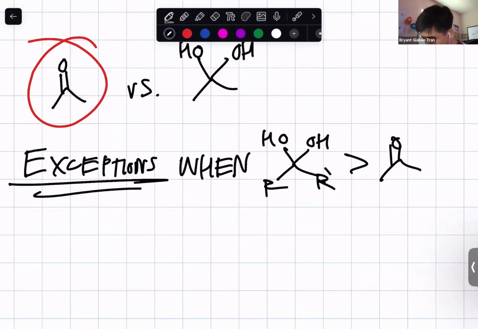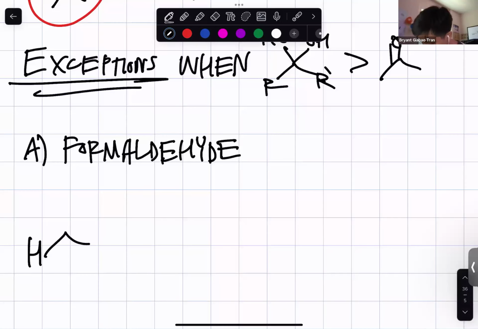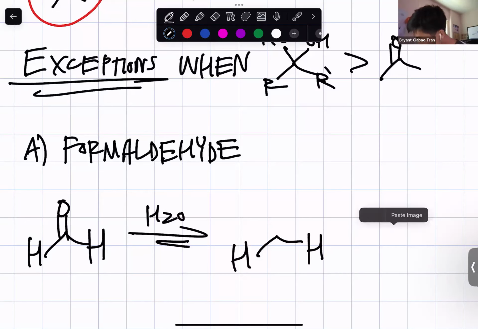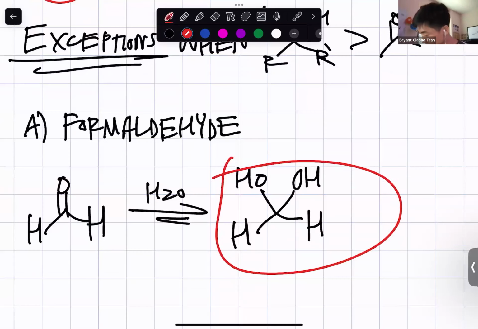Exception A is when you have a formaldehyde. When you react formaldehyde with water, the geminal diol would be major over the carbonyl.